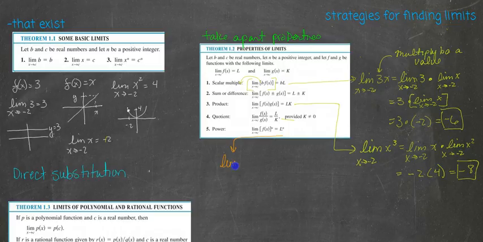So the limit as x values approach -2 of some function of x raised to a power. So let's say the function of x is x plus 3 to the 5th power.